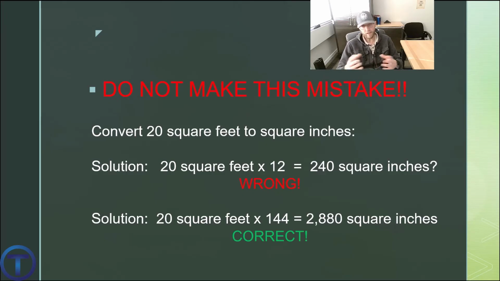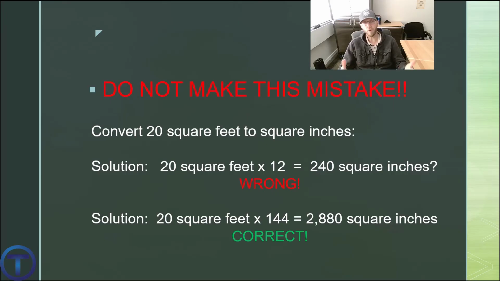Well, that's not true, because as we just looked at, there are 144 square inches in 1 square foot. Our equation really needs to be 20 square feet times 144 equals 2,880 square inches. May I please point out that 2,880 square inches is much more than 240 square inches.